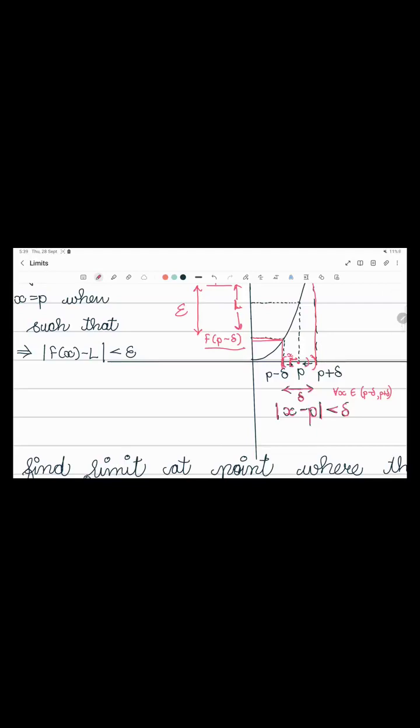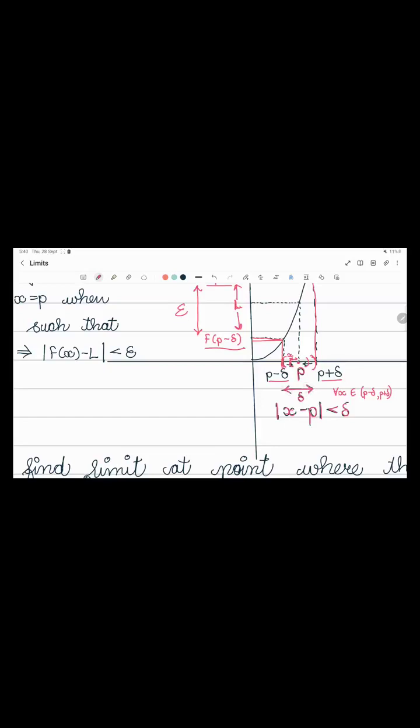Now one thing to observe is, here if we take any x between p minus delta and p plus delta, the distance between x and p, this is my x between p minus delta and p plus delta, and this is p, their distance would always be less than delta, which is this distance.